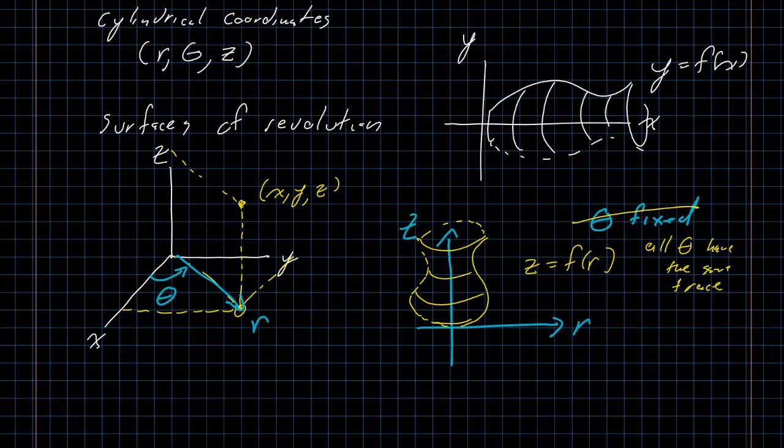We can graph our curve just like that. This is almost certainly the most useful situation of cylindrical coordinates. Cylindrical coordinates become the most powerful when your value of theta is irrelevant to the discussion.